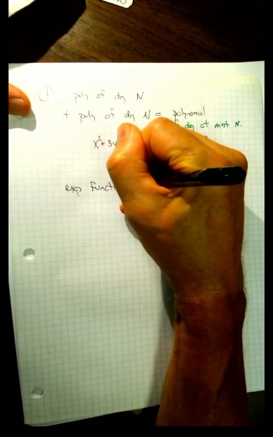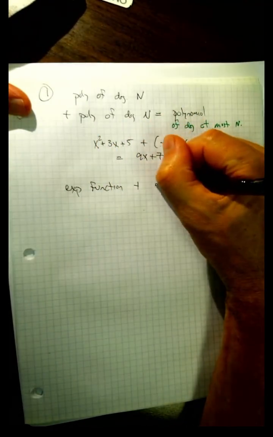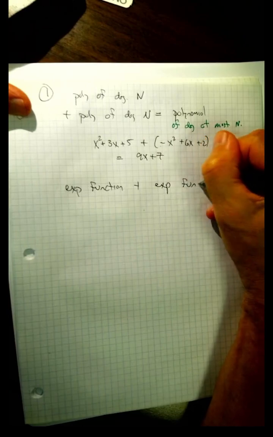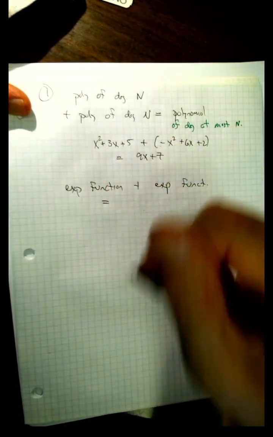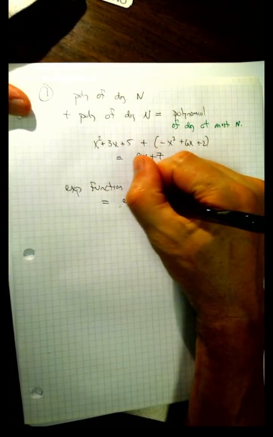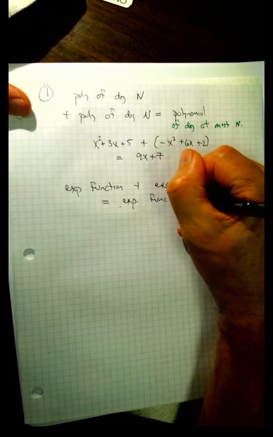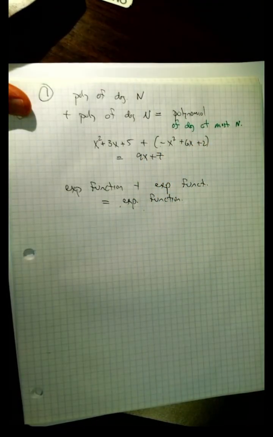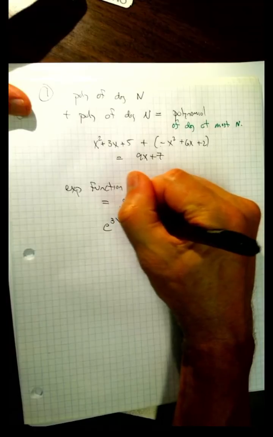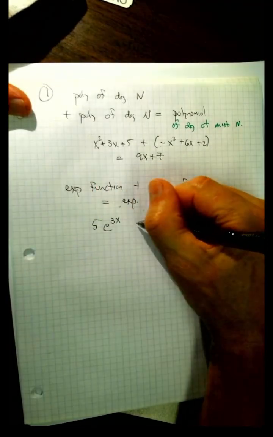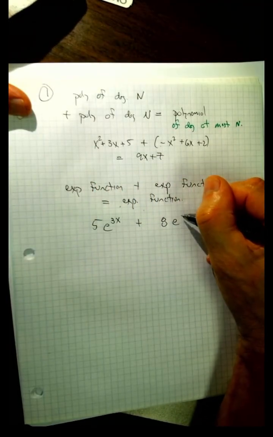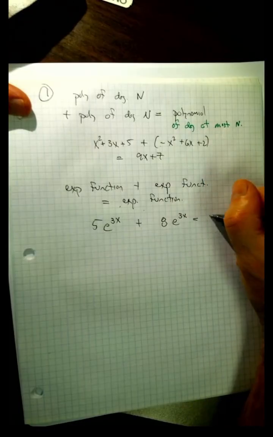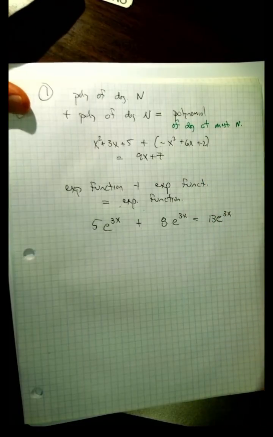If you take an exponential function and you add another exponential function, the result is an exponential function. So for example, if you take 5 times e to the 3x and add 8 times e to the 3x, you get 13 e to the 3x.